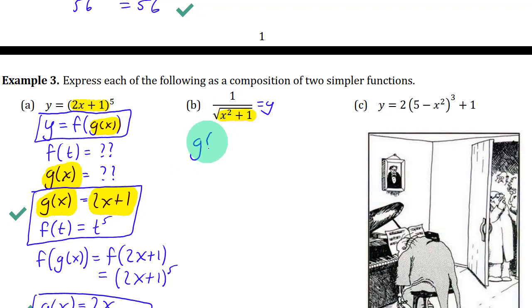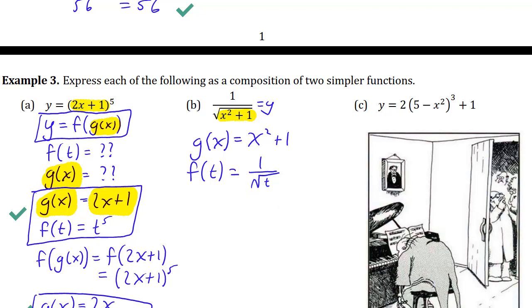So that's that. And then if you take that output, what's the outer function you can plug that into and get this result? It would be 1 over the square root of t.